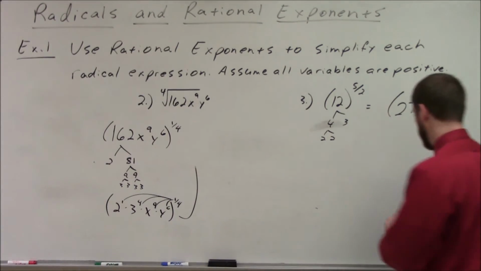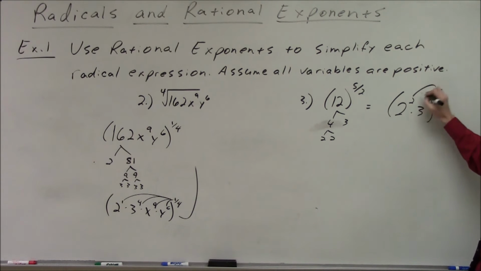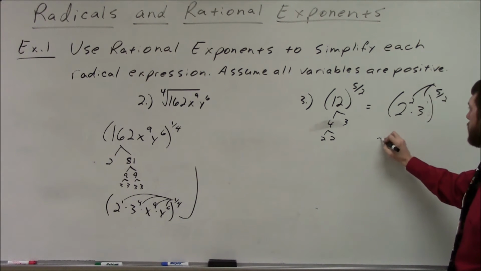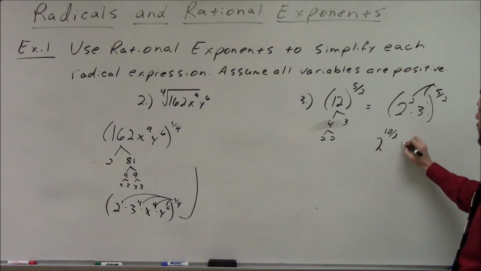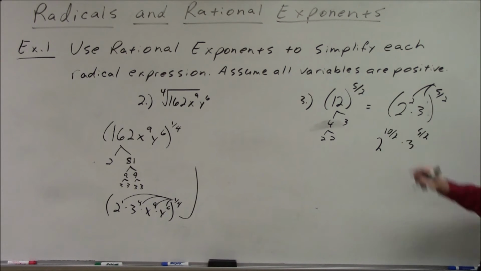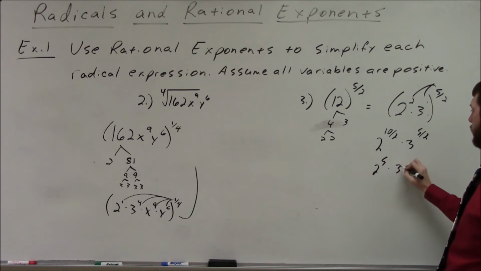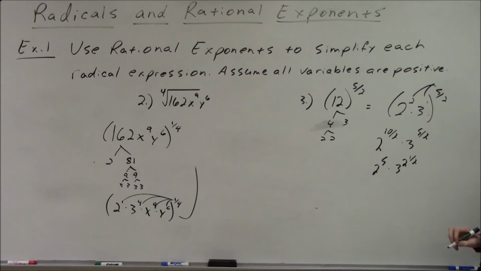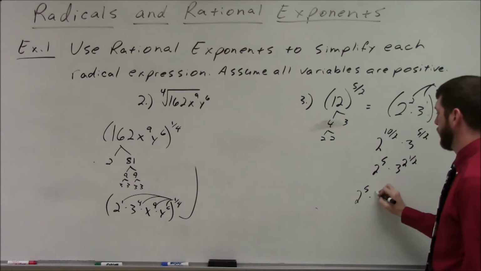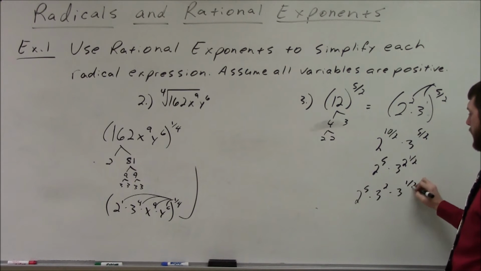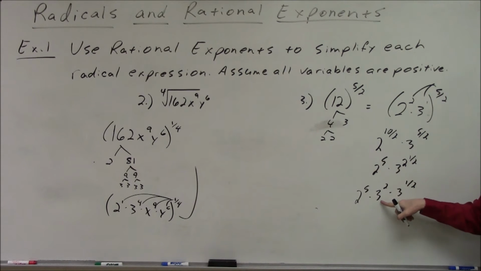From there, distribute your exponent. So we get 2 to the 10/2, 3 to the 5/2. Clean up your exponents. So that's 2 to the 5th, 3 to the 2 1/2. So we have 2 to the 5th, 3 to the 2nd, 3 to the 1/2. So 32 times 9, which is 288.